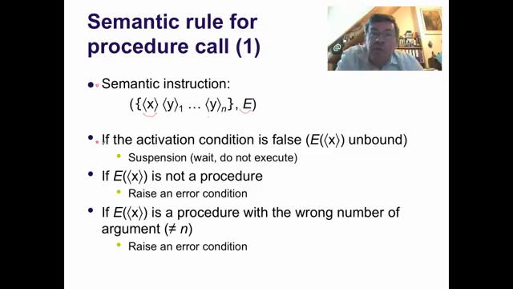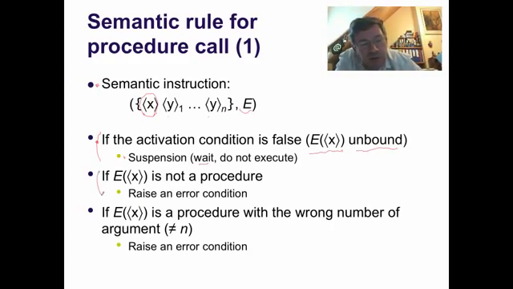Remember, for the if statement, the conditional variable had to be bound to a value. It's the same here. E of x, which is the value corresponding to the procedure name, has to be bound. If it's unbound, we cannot execute. We will suspend or wait. So if the activation condition is false, we don't execute yet. This is for concurrency. We won't say more about that.